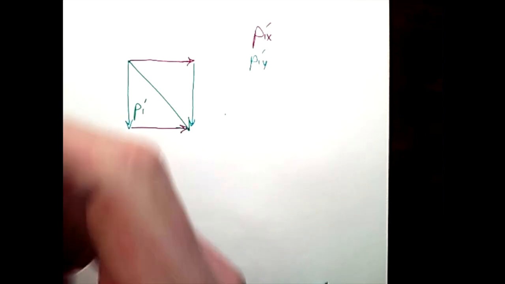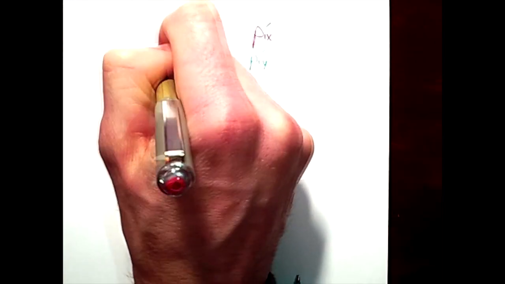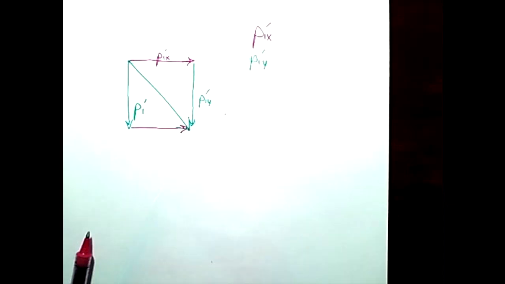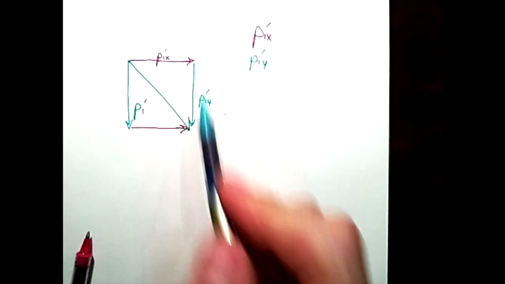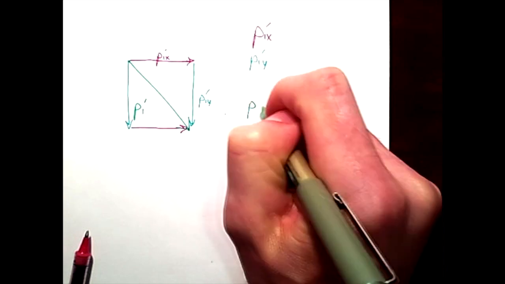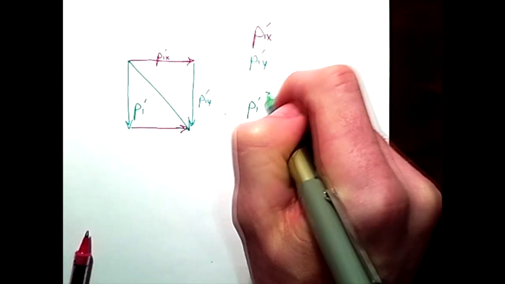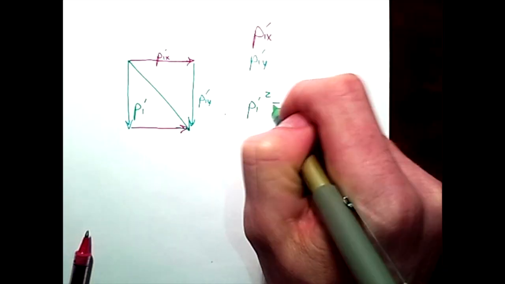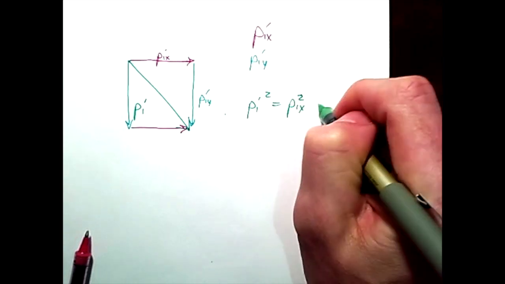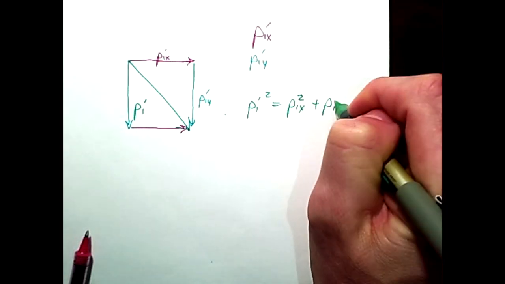So now I know what P1 prime is in the x direction, and I know what P1 prime is in the y direction. I'll know these values, and I'll be able to solve for P1 prime, which can easily be solved for by simply doing P1 prime squared equal to P1x prime squared plus P1y prime squared.